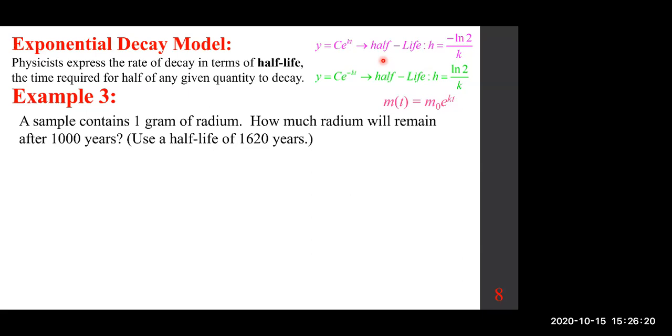The only thing I want to make a note of, it depends how you write this. If you write the function this way, the process works out that it gives you this one, minus ln2 over k. If you write a decay with a negative k, remember, we said when k is negative, it's an exponential decay. Some texts put a negative sign and keep the k as positive.